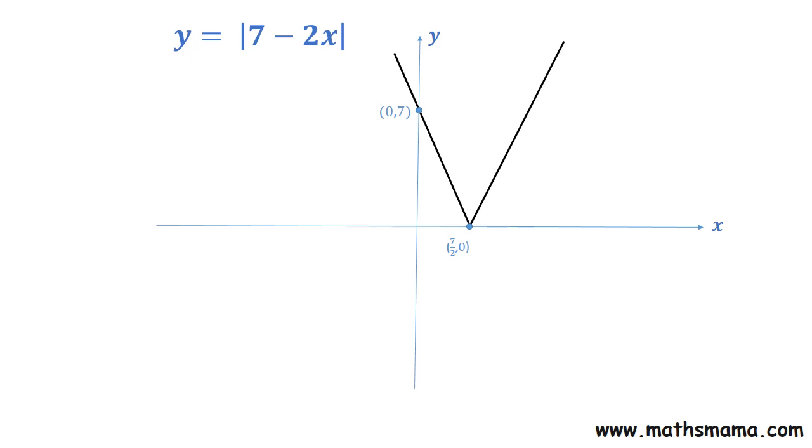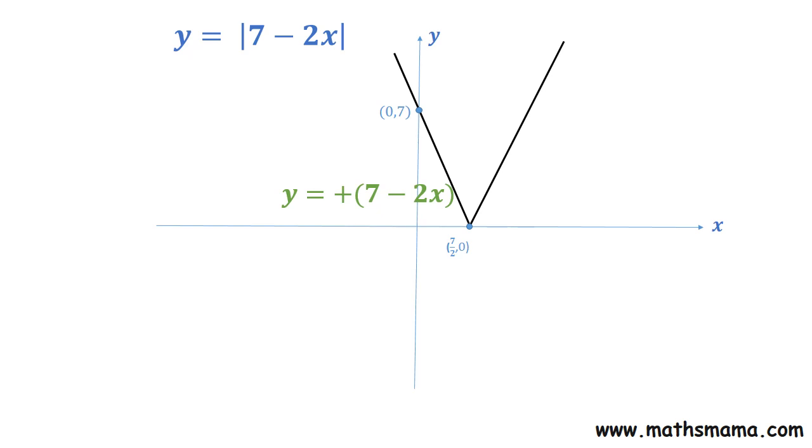In sketching diagrams, make sure you label all the points of intersection with respect to the x-axis or y-axis. Here I want to share one more important thing about naming the graph. Even though we name this graph y equals modulus 7 minus 2x, you can separately name the function. On the left hand side straight line edge, we can name it y equals 7 minus 2x, that's our original function.